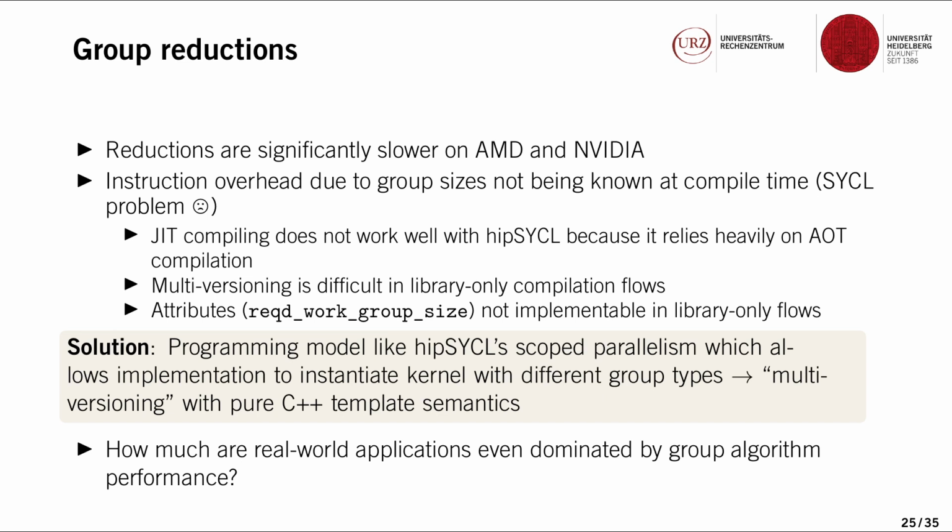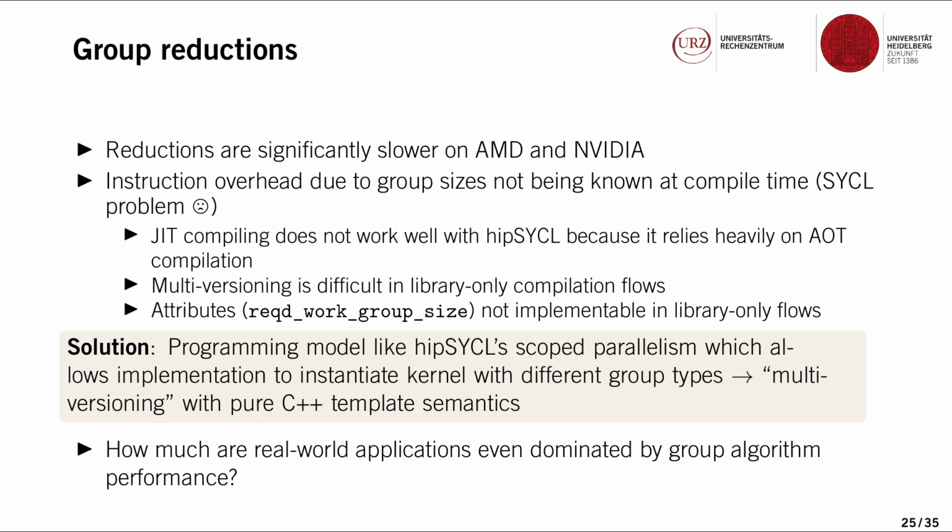Now, there are mainly three ways to work around this issue in a SYCL implementation. One is JIT compiling for a particular workgroup size as soon as you know it. This does not work well with hipSYCL because hipSYCL relies heavily on ahead of time compilation. Then the second option is multi-versioning, so you can compile the kernel ahead of time for different group sizes.